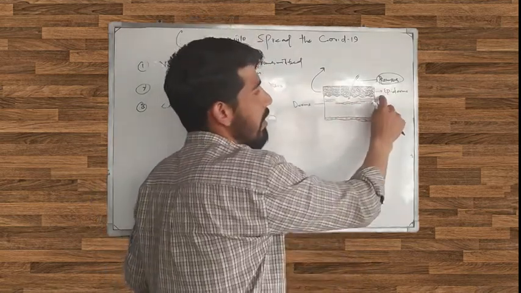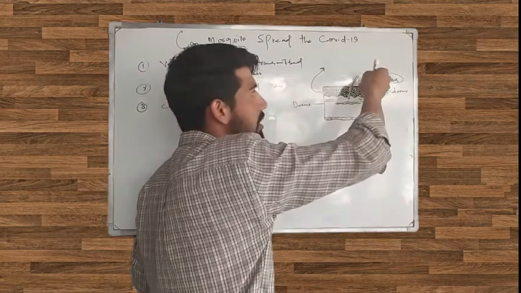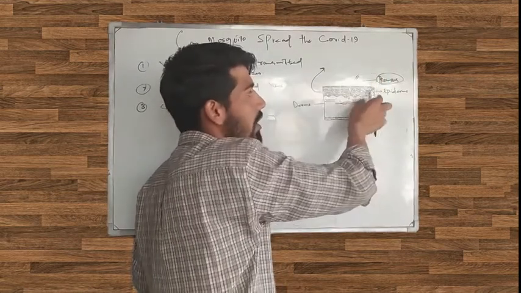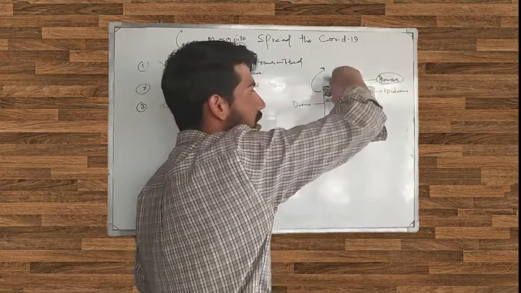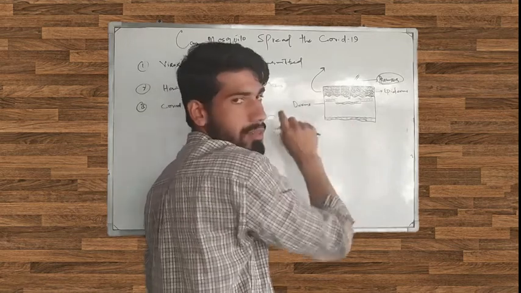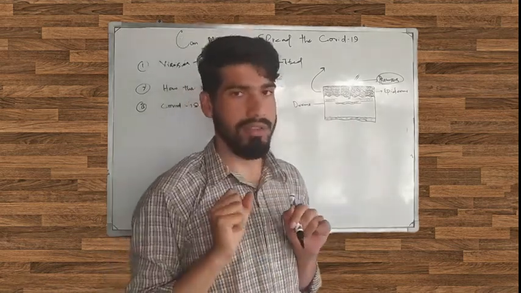When the mosquito stays on the first layer, the needle-like structure goes down through the first layer, the epidermis, then the dermis, because in the dermis, the second layer of the skin, there are blood vessels.